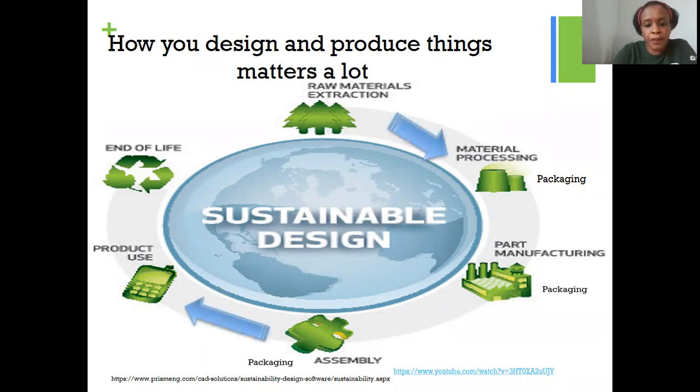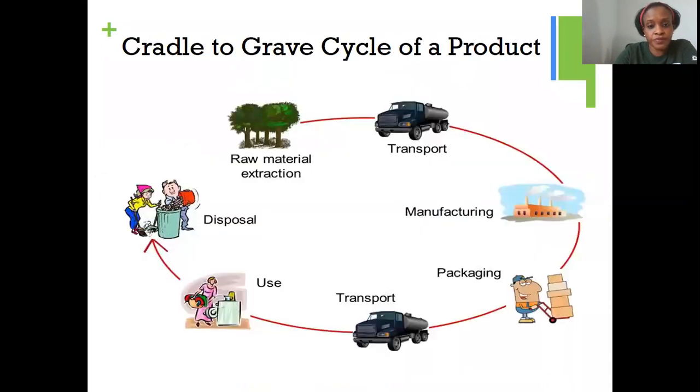So let's carry on our conversation and look at supply chains. I just included these two arrows on distribution to show that transportation is also very important to consider in the cradle to grave cycle of a product, because transportation is one of the main culprits of the increase of carbon footprint in the environment.